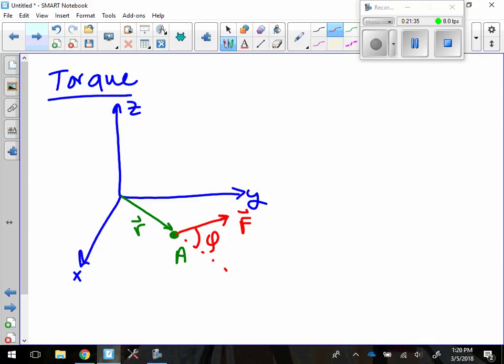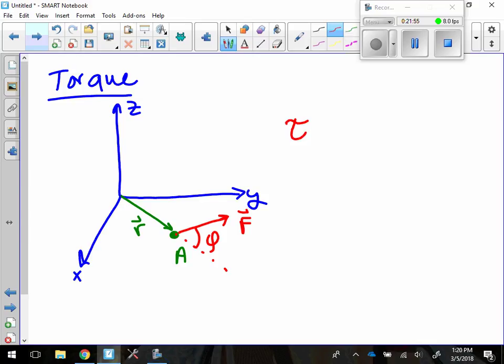Now this should look familiar. r is going to be your moment arm. F is going to be that applied force. And you know that that's going to give rise to a torque. But we're going to have a new way of writing this.